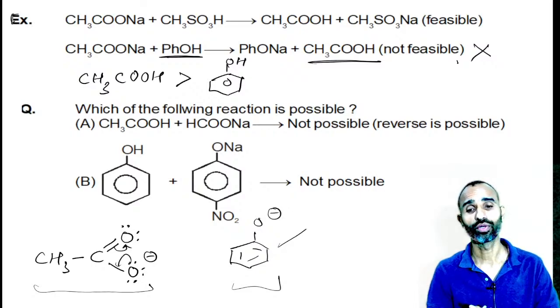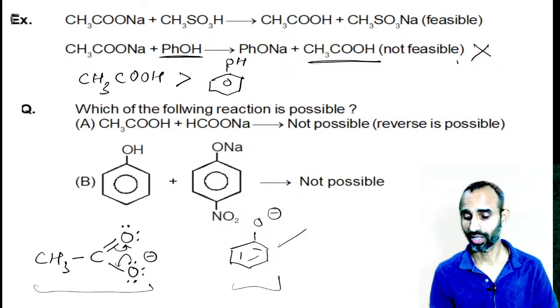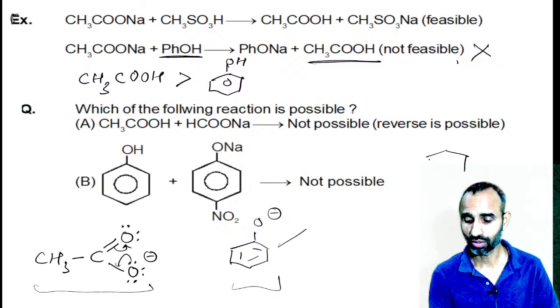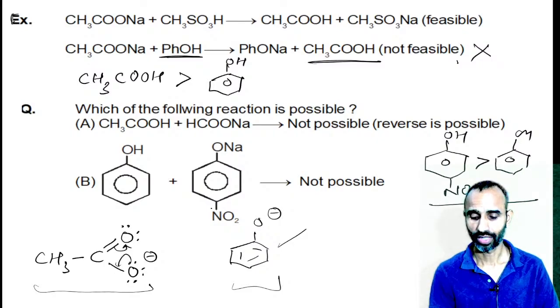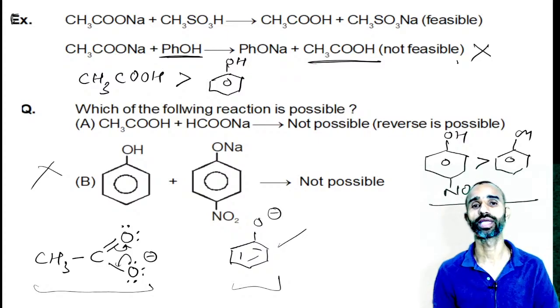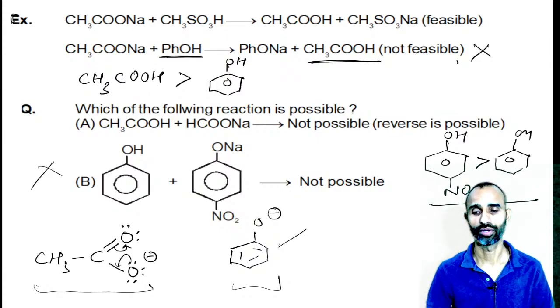Next is phenol along with the sodium salt of paranitrophenol. So obviously, paranitrophenol is more acidic than phenol. That's why the reaction cannot take place, because a weak acid cannot displace a strong acid from the salt.